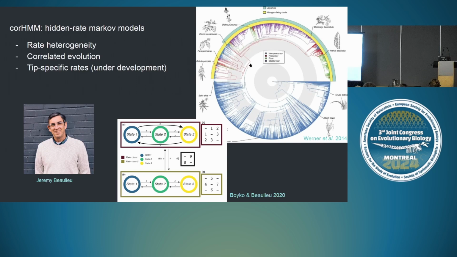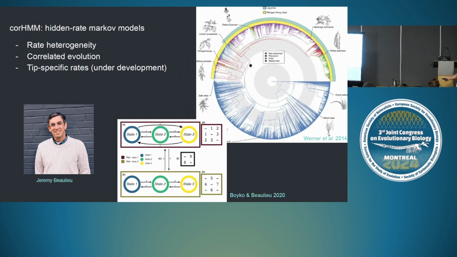But ideally, we would look at the whole tree altogether. But it's not unsurprising that there should be a lot of rate heterogeneity across the tree, especially a tree this big. And usually discrete trait models, like the MK models, tend to be very simple, so it is important to incorporate this heterogeneity in any way possible.